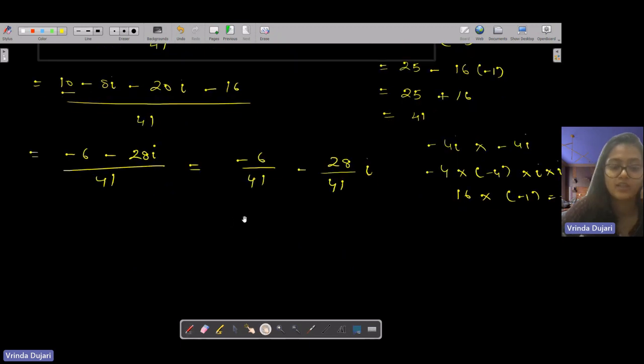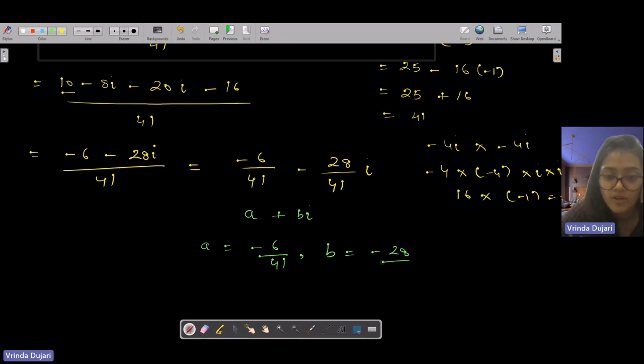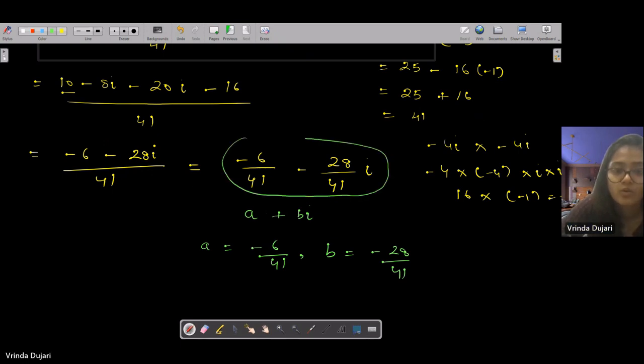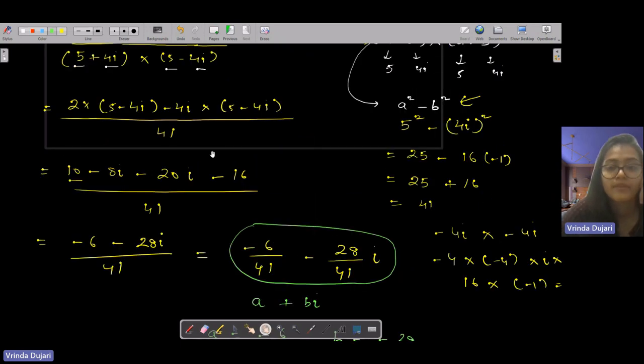And this is in the form of a plus bi, where the value of a is -6 over 41 and the value of b is -28 over 41. So this is your quotient when you divide those two complex numbers.